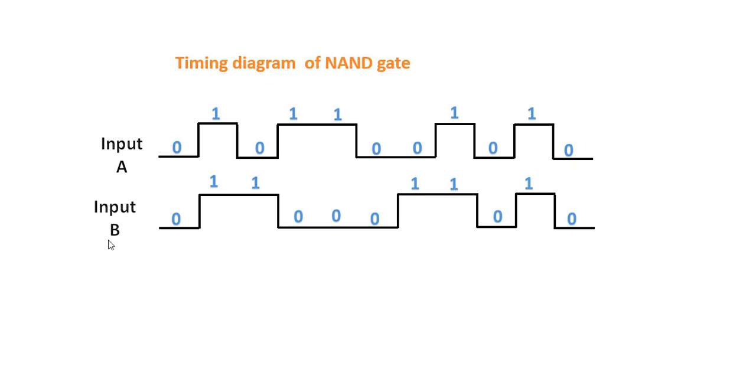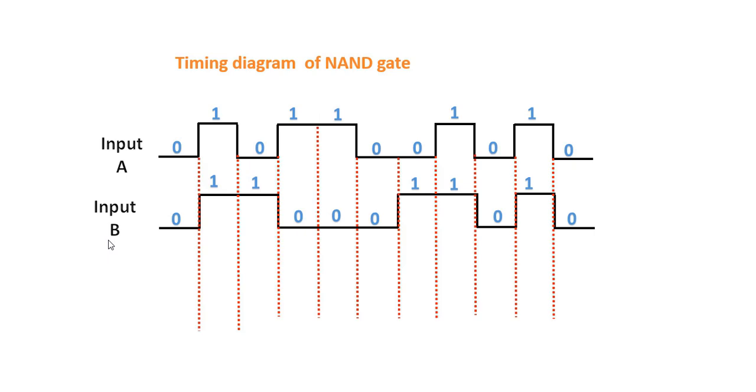We need all the points in input A and input B to draw the possible graphical representation for our output. I have drawn a red dotted line here to represent the points where input A, input B or both are changing their values. To draw the graphical representation for our output, we need a truth table for our NAND gate.